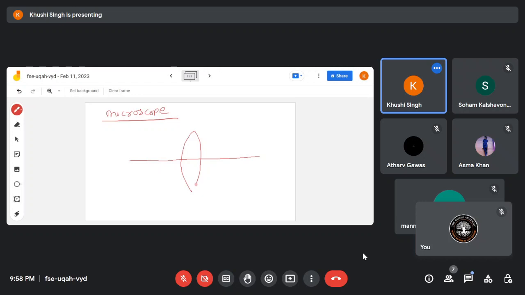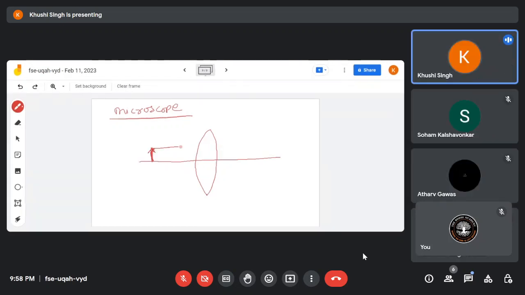A ray will travel like this, and from here it will get refracted. Agree? Where will it refract? Exactly at the focus. Agree? And another ray will pass from here that will not get refracted.